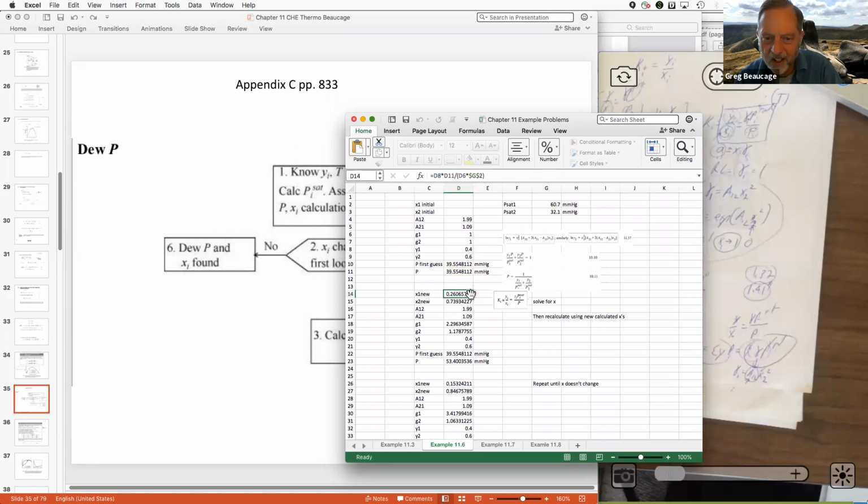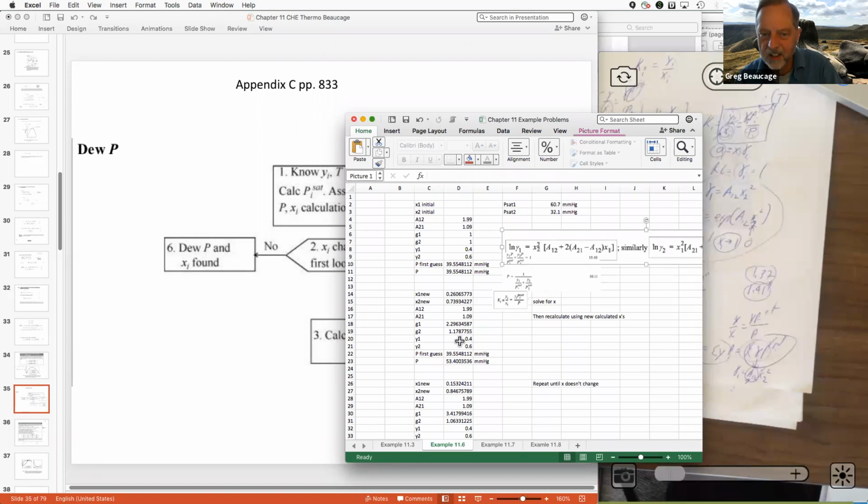So then you can calculate the two x's the same way, or 1 minus the first x is the second x. A12 is fixed, and then gamma you calculate using this x squared. So it's a 2-parameter Margules. You say that x squared, that kind of complicated x squared equation for the gammas.